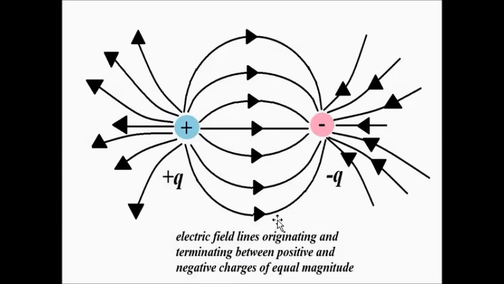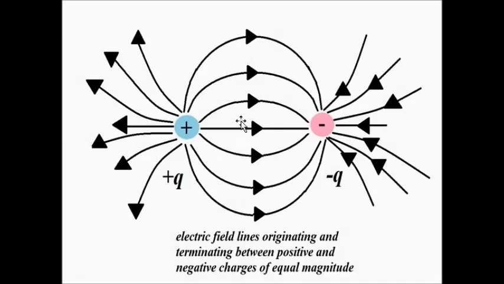So let us count the number of field lines. 1, 2, 3, 4, 5, 6, 7, 8, 9, 10, 11, 12, 13. So here also 13 lines are terminating. Sorry, it is 14 lines. So here 14 lines are starting and 14 lines are terminating.